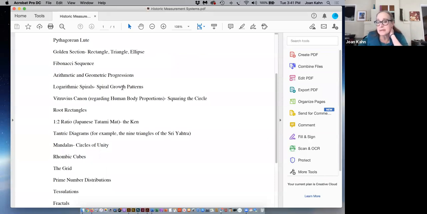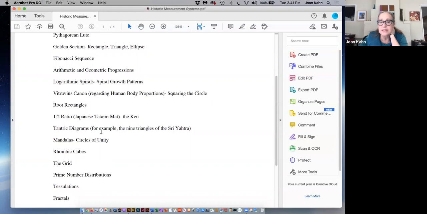All of these systems, or many of them, are in the books that I recommend. Vitruvius's canon regarding human body proportions, squaring the circle, which Leonardo da Vinci and Albrecht Dürer were really interested in. Root rectangles, the 1:2 ratio, which governs such things as the Japanese tatami mat. The ken was a Japanese measurement.